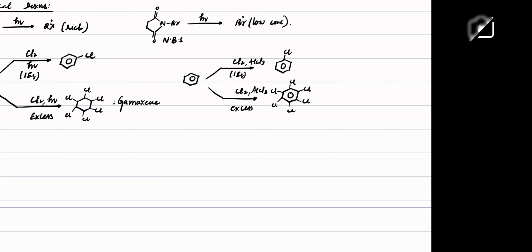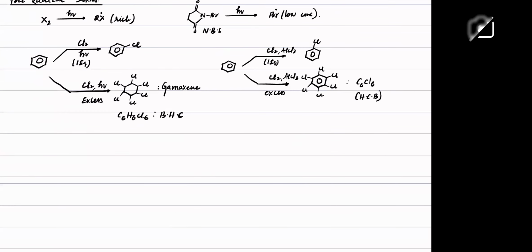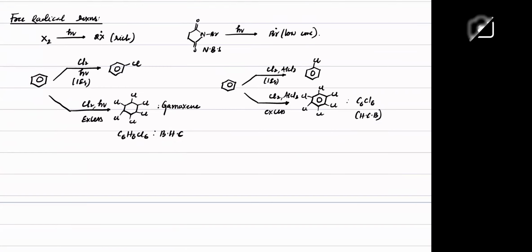So what is the product here? C6Cl6. There is no hydrogen here. This is called HCB, hexachlorobenzene. Whereas this is C6H6Cl6, known as BHC, benzene hexachloride. So there is a difference in understanding of these two terms. Just be careful with it.